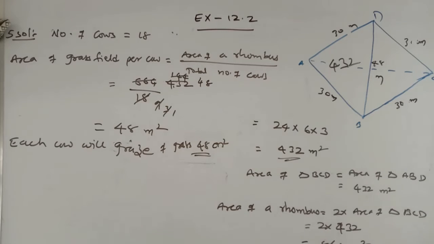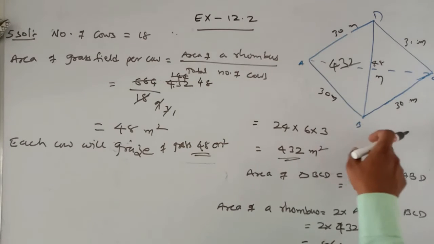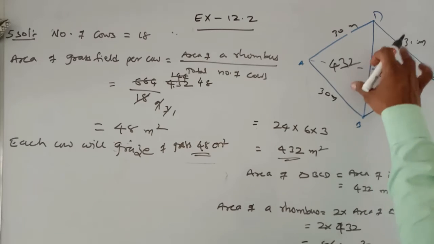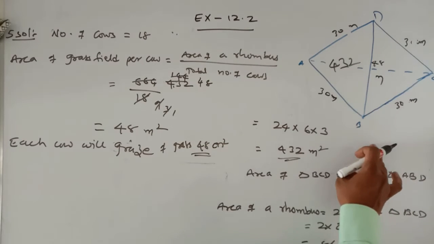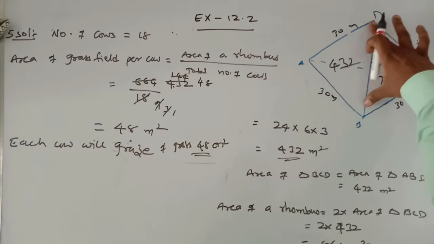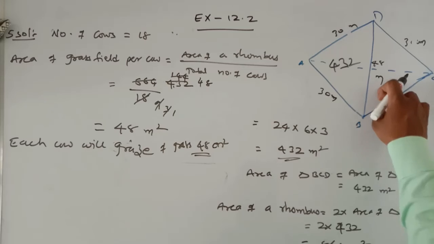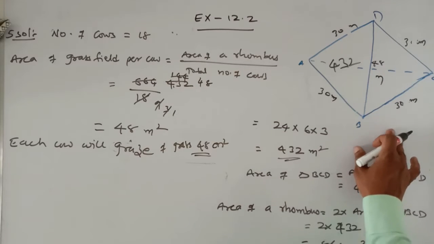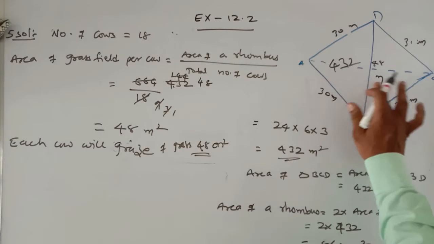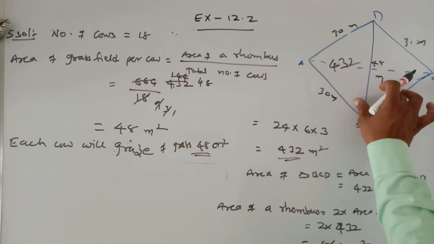Children, once again you see ABCD is a rhombus shaped grass field and in this 18 cows are present. I have to calculate how much area each cow is going to get. The side of the rhombus is given as 30 meters and one of its diagonals is 48 meters. According to rhombus properties, a diagonal divides a rhombus into two congruent or equal triangles.